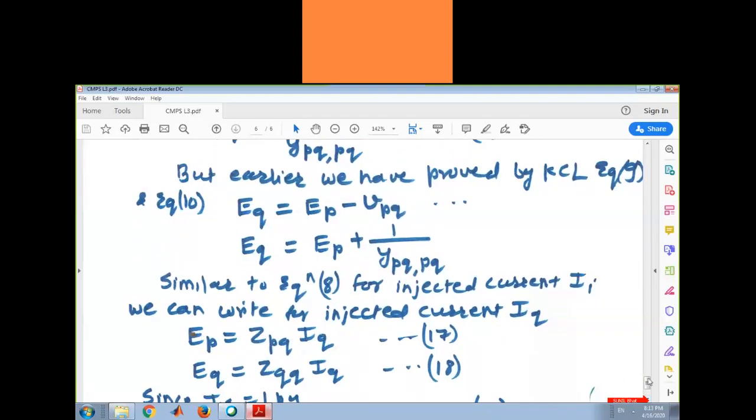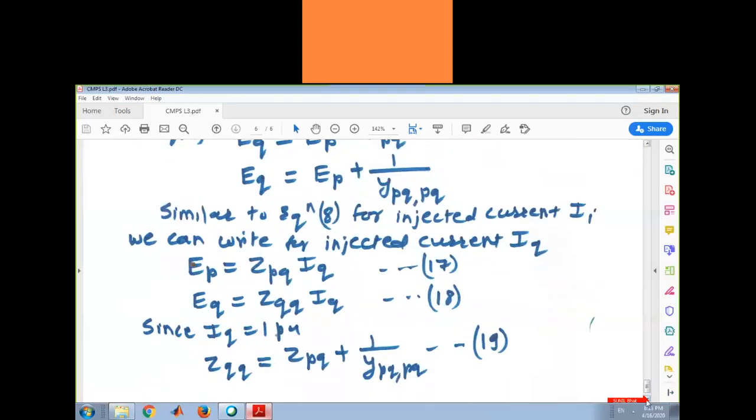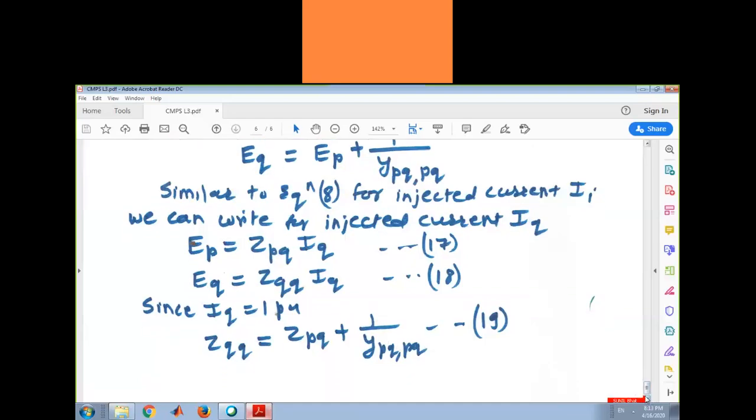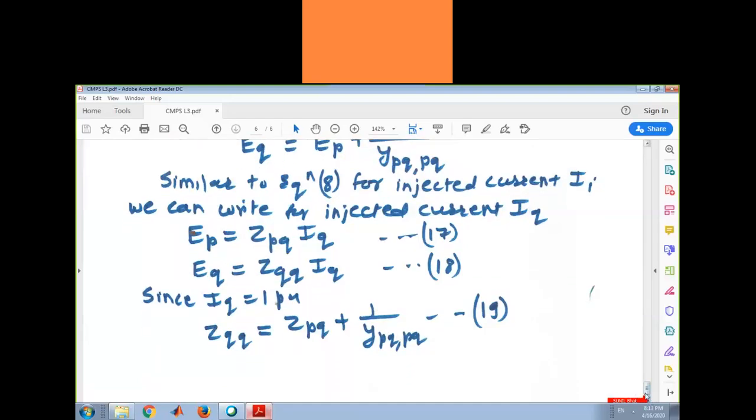IQ is equal to 1 per unit. Therefore, we can write ZQQ into 1, which is equal to EQ, and EP is ZPQ into 1. So ZQQ is equal to ZPQ plus 1 upon YPQPQ. In this way, we are able to calculate ZQQ also.